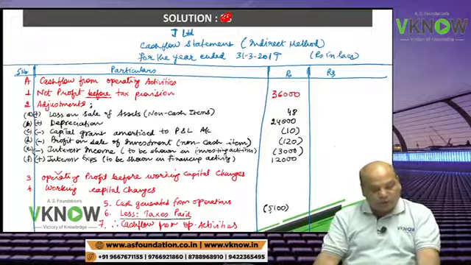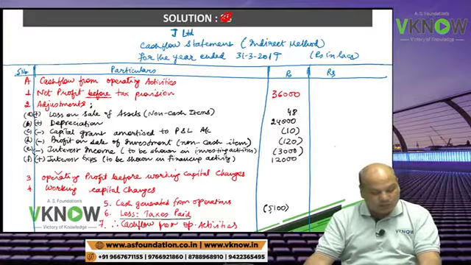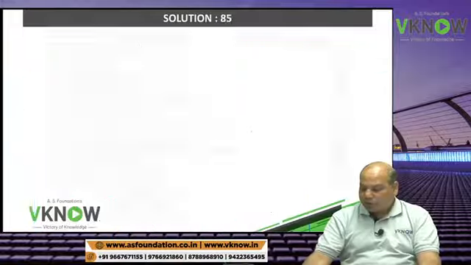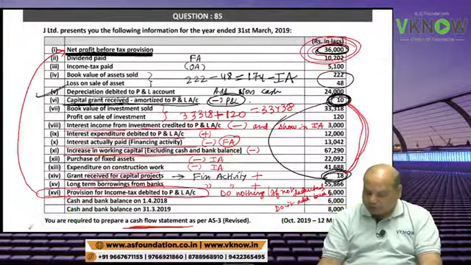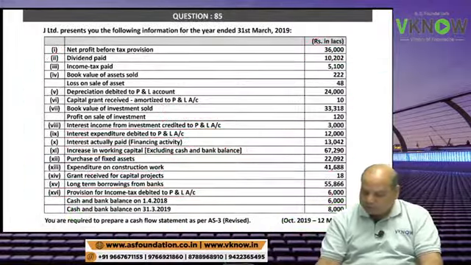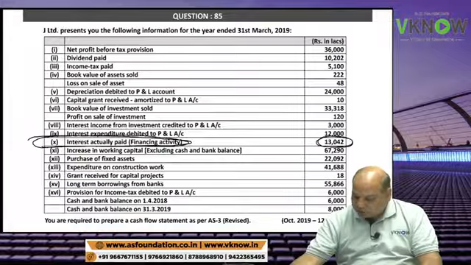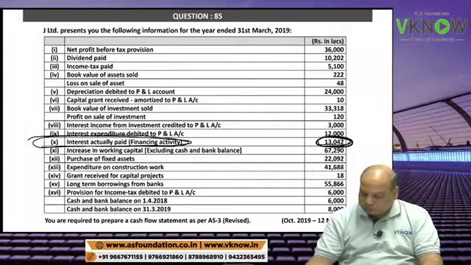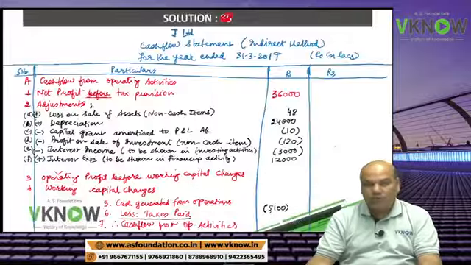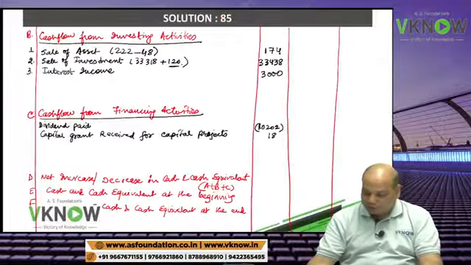But if you read the next line, look at point number 10 on the screen. Actual interest paid is 13,042. So I'm going to write 13,042 in financing activity.